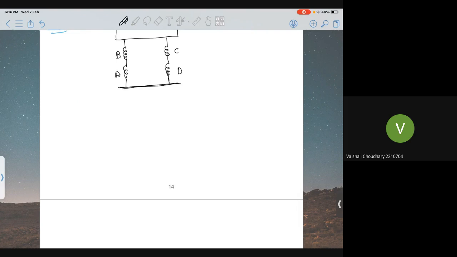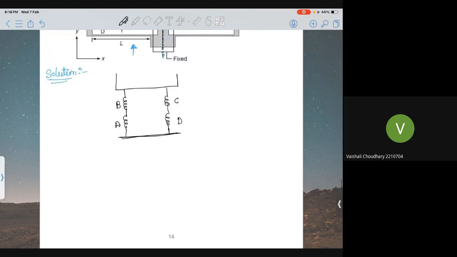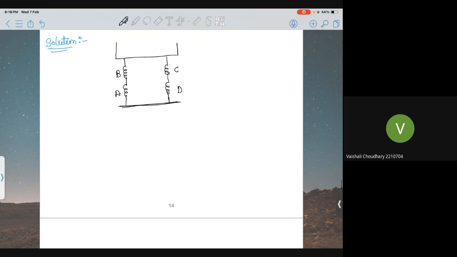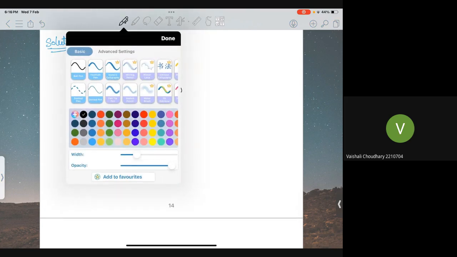Means if you look at the free body diagram, this A and B spring will experience the same force, parallel with the C and D. Okay, now we'll calculate the spring constant.